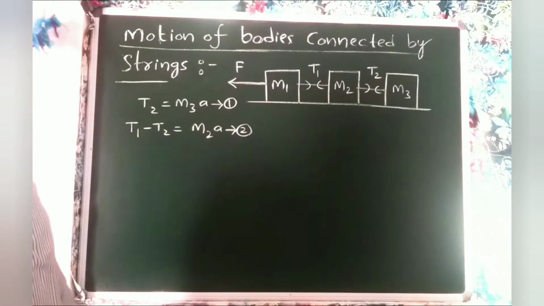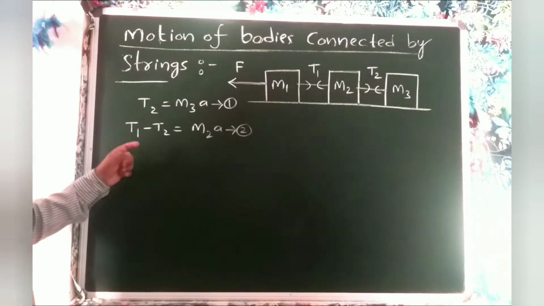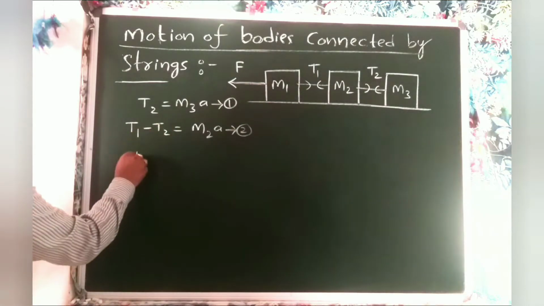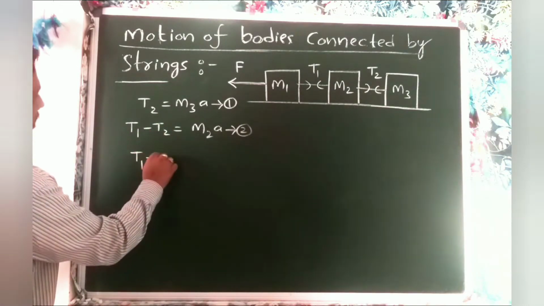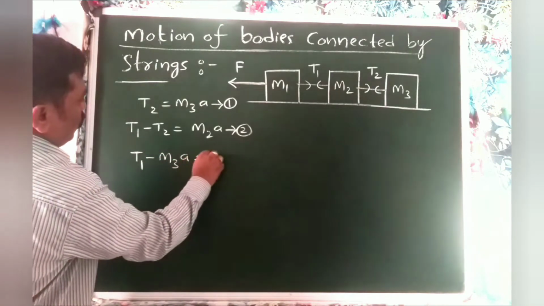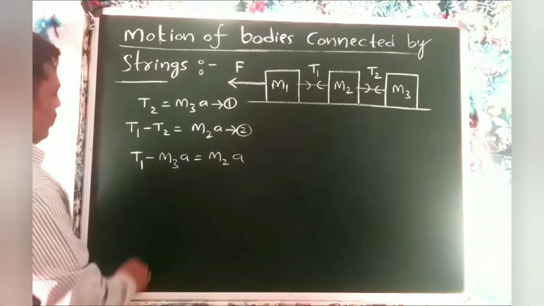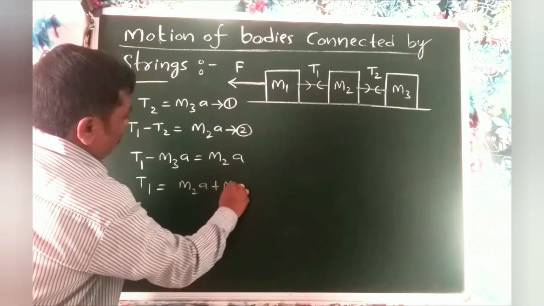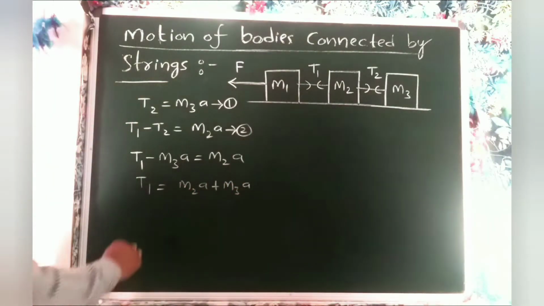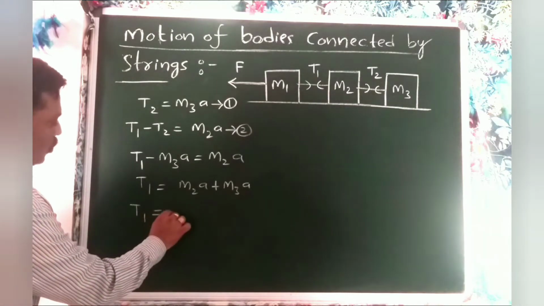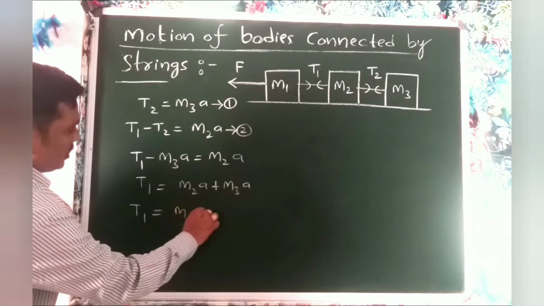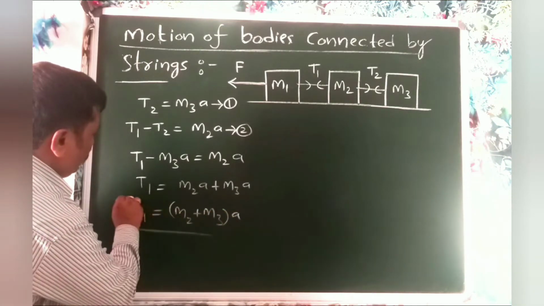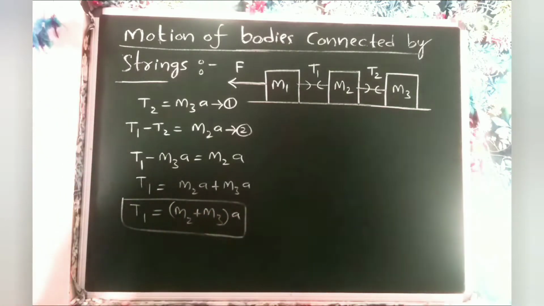From equations 1 and 2, first we write the tension T1 in the string. T1 minus M3A is equal to M2A. T1 is equal to M2A plus M3A. With A taken as common, T1 is equal to (M2 plus M3) into A. This is the expression for tension T1 in the string.